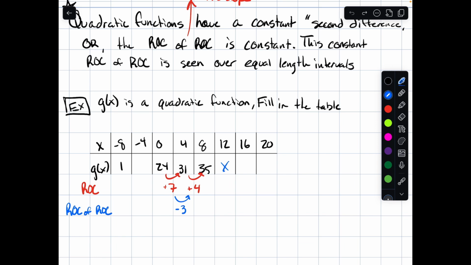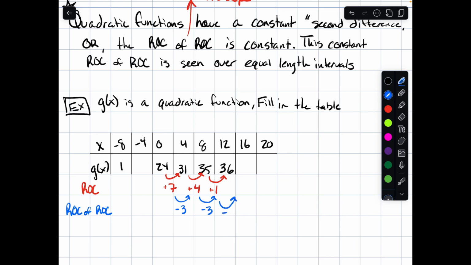The other thing I know, when I want to fill in the rest, is that this jump here is also going to be minus 3. So I know that this jump is going to be plus 1. So my value here is 36. It's kind of weird, but this is how we do it.